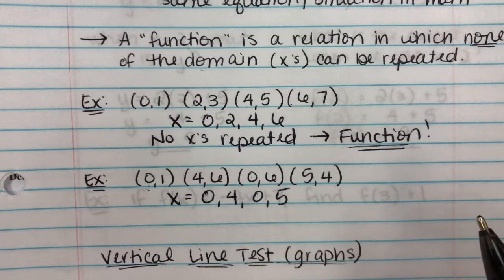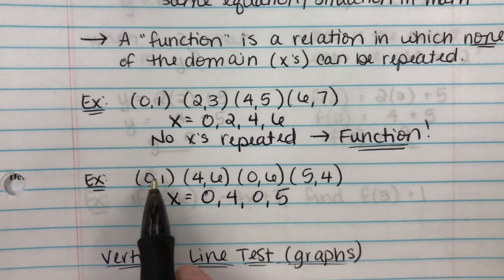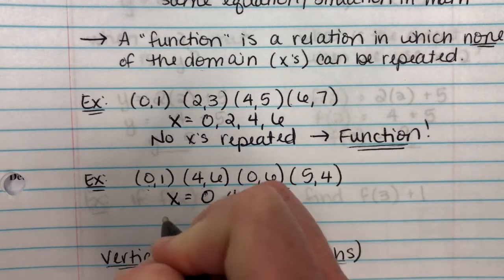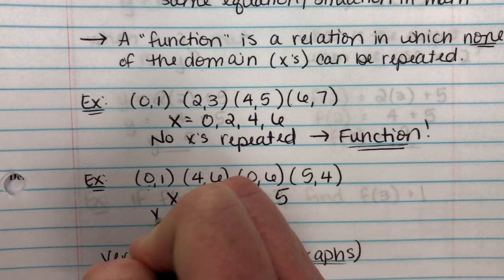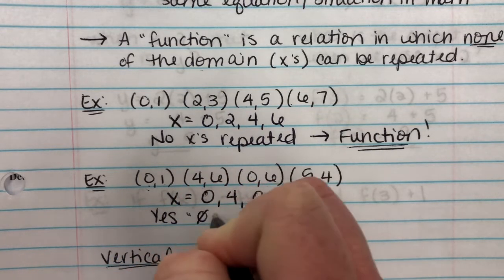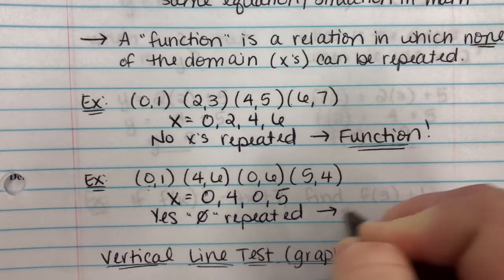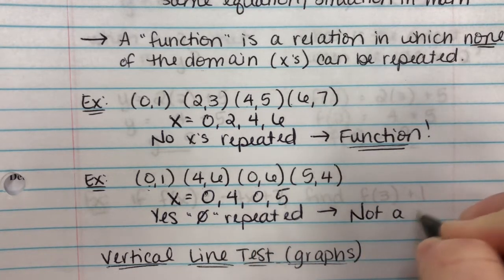And that's all fine and good, but that just means this is not a function. For every x value, there is one y value, and that's not the case here. So we'll say, yes, 0 repeated. So this is not a function.